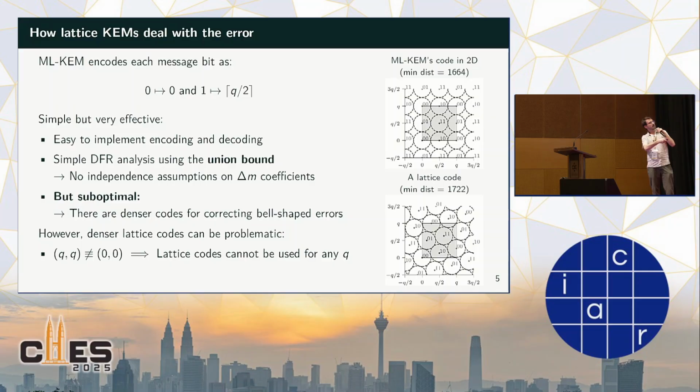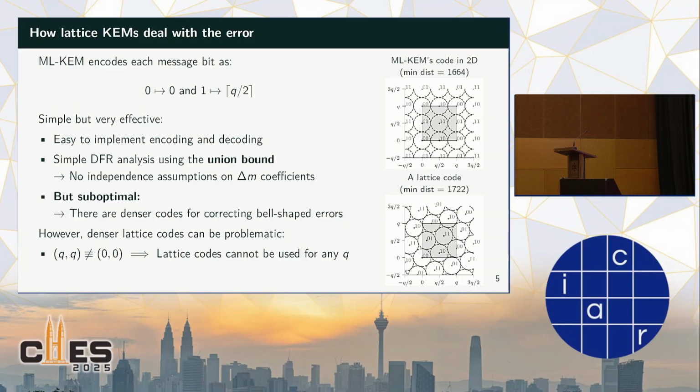And one alternative would be to use a lattice code, for example, which packs the space much more densely. However, lattice codes are somewhat problematic because if you're using MLChem, it's important, for example, if you start at 0 and you sum q, which is 0 modulo q, you want to get back to 0, and this doesn't happen here.